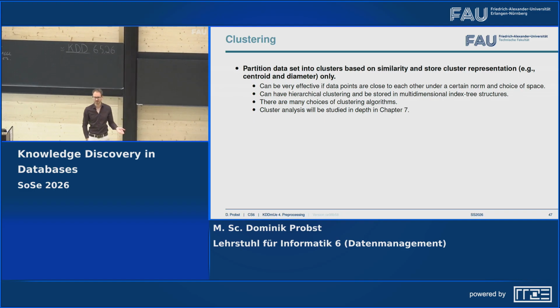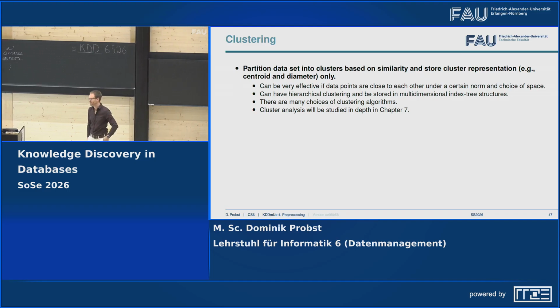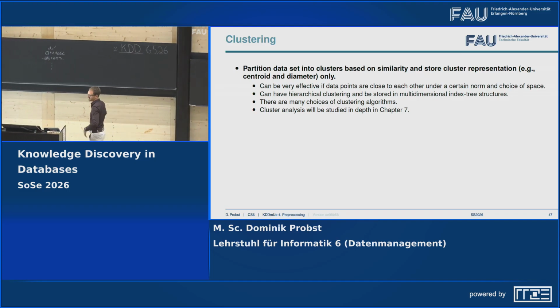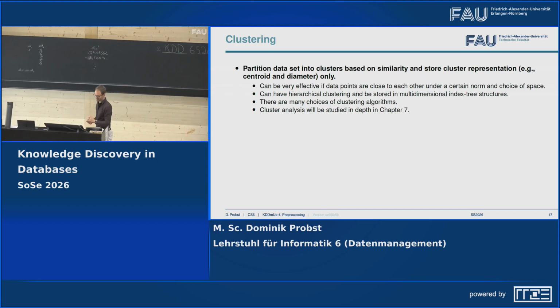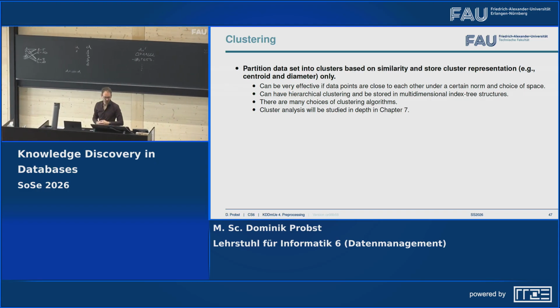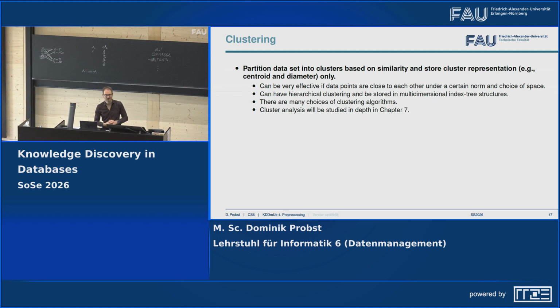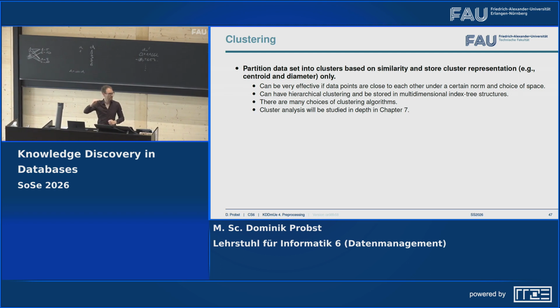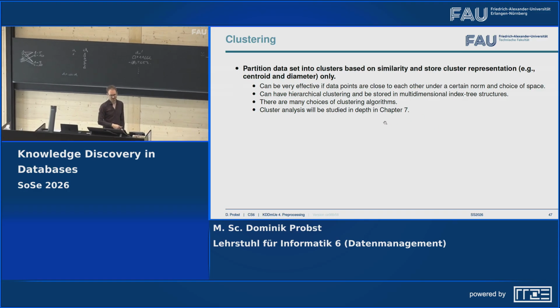So histograms are basically also putting similar data into one bucket, but in clustering it's more three-dimensional, and then we can, for example, apply hierarchical clustering and therefore reduce the number of values with each hierarchy step we have at hand to contain less and less values. We will do that in chapter 7, clustering, so something for later.